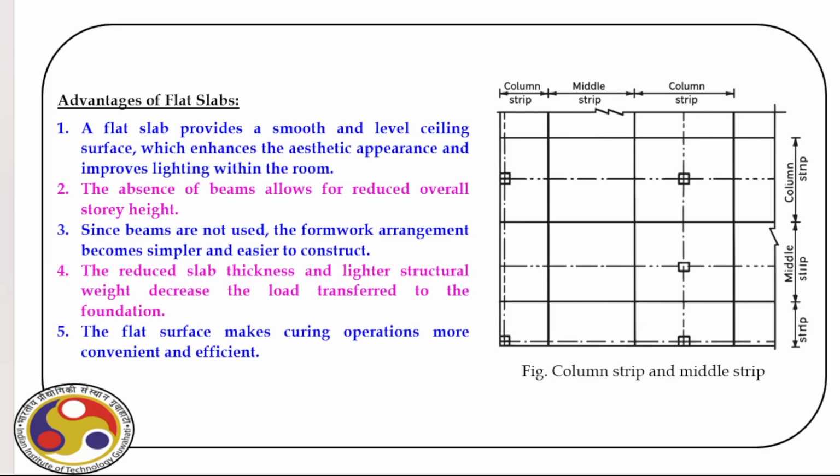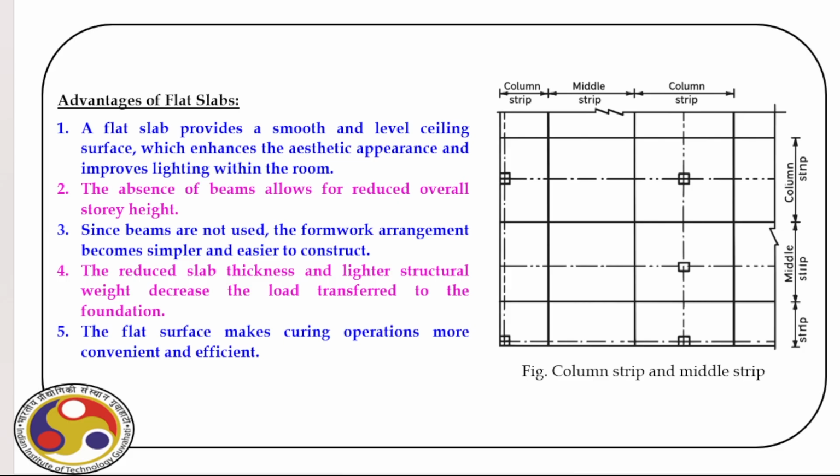Because I already showed you, for construction, you first have to provide formwork for the beam, and then you have to place the reinforcement properly. There should be proper connection between them, and then you have to pour the concrete. Now, for the same system, when we remove one component, which is the beam, the overall structure is relatively lighter.